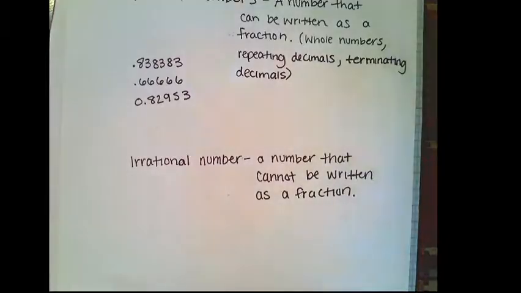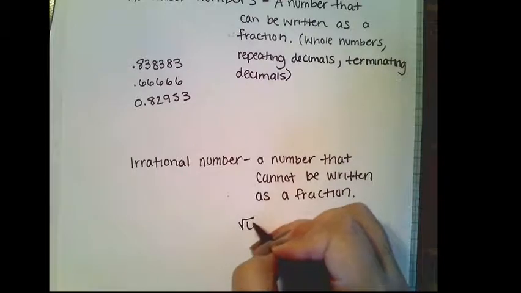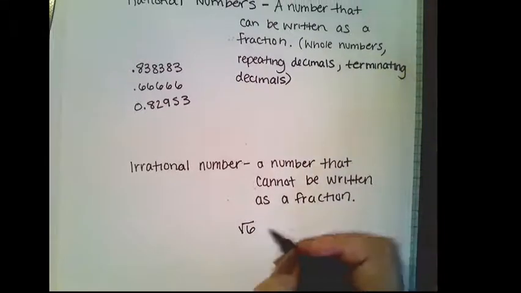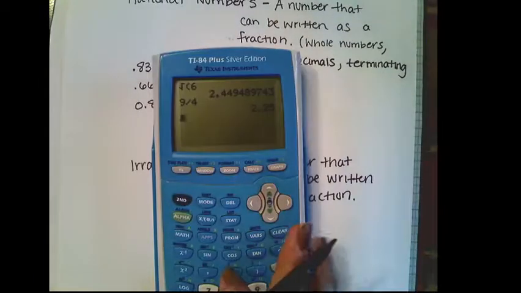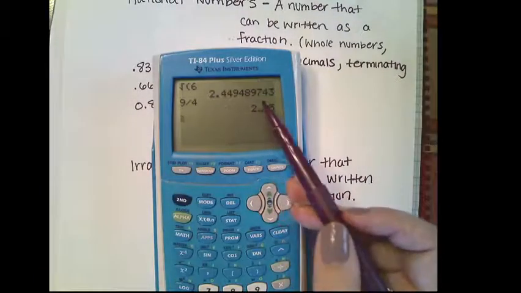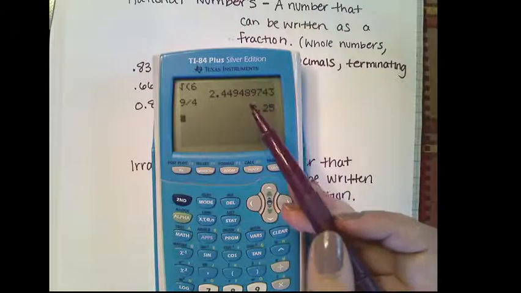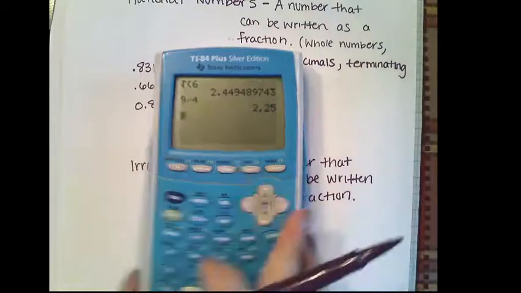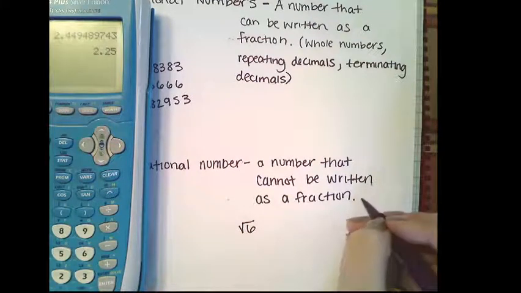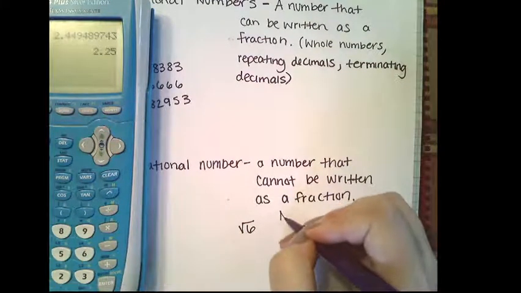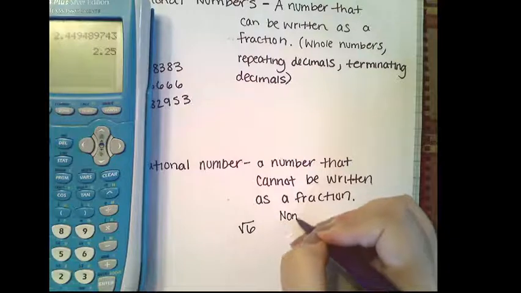So things like you just saw, the square root of 6, when we type it in, we got that big long number, big long number that didn't stop. We can't write that as a fraction. So this would be an irrational number. So non-terminating decimals will add to that.